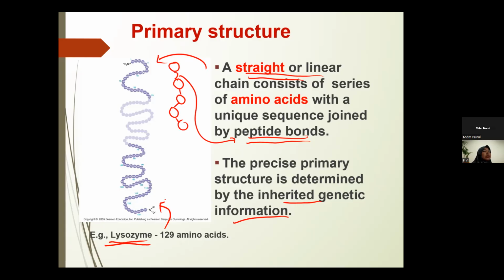So, gambar tu adalah tunjuk gambar 129 amino acid, right, yang membentuk lysozyme. Ada jenis enzim lain ke apa ke? 150, 235, 1200 contohnya. Depends.